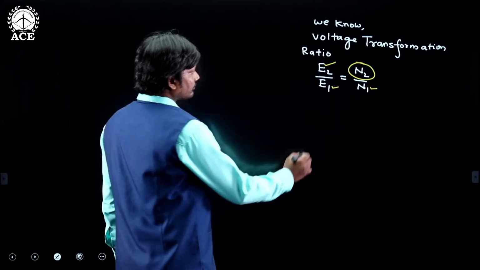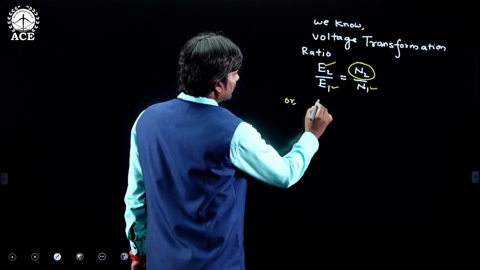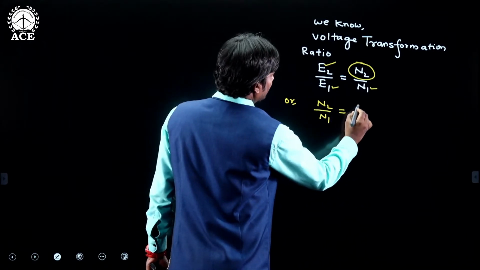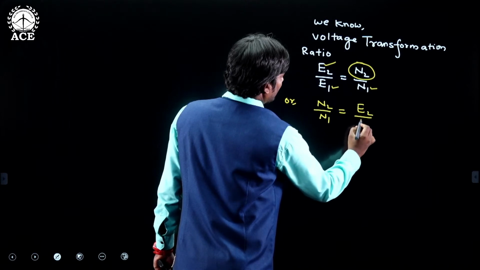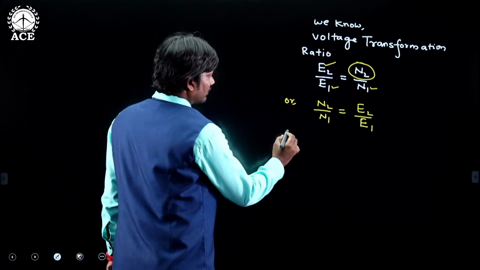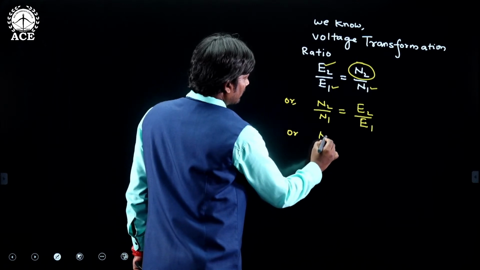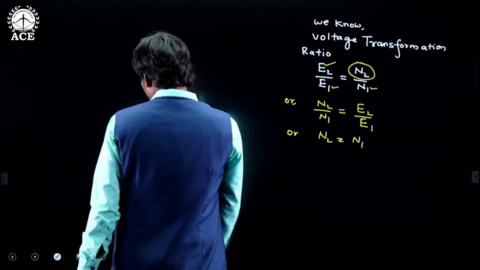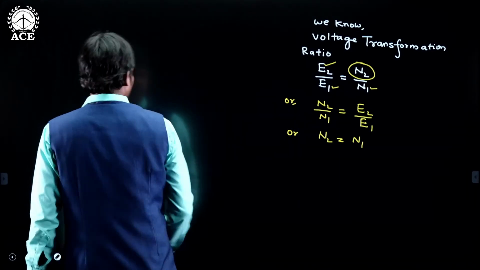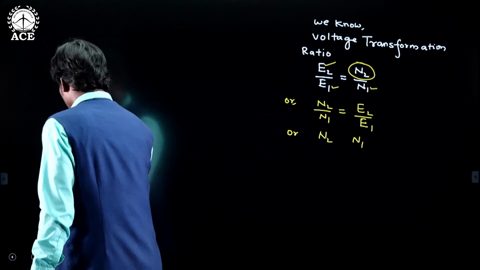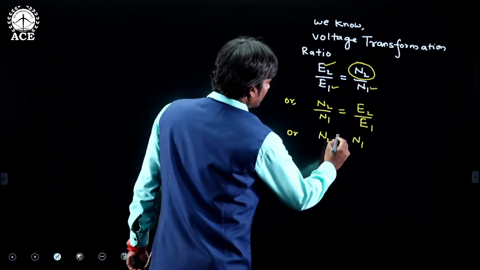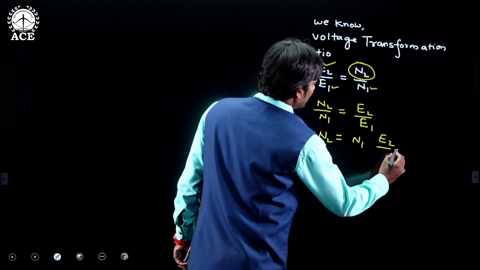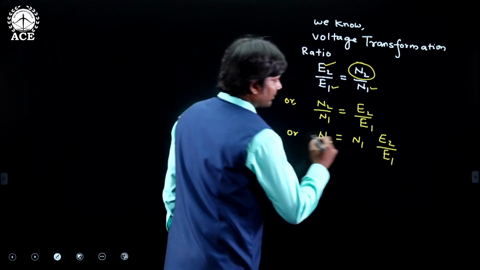So N2 by N1 is equal to E2 by E1, or N2 is equal to N1 into E2 by E1. Substitute all the values.